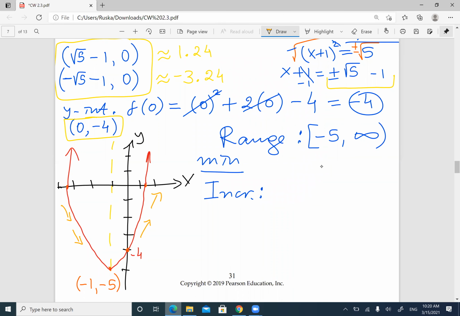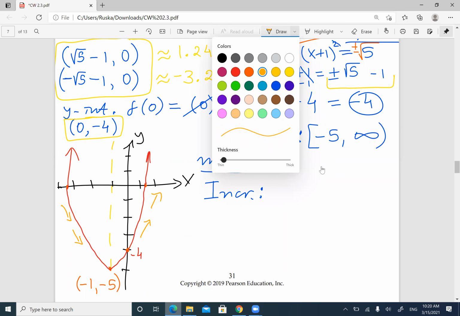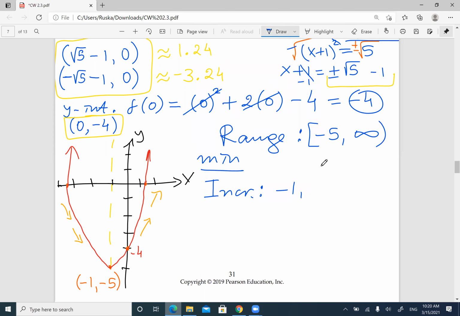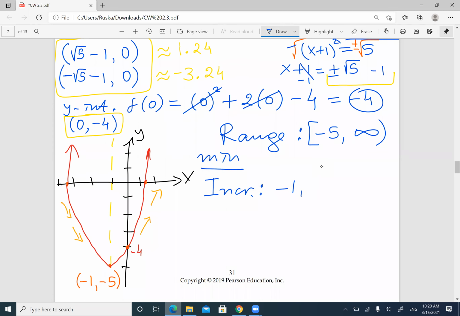So increasing is going to be from -1 to infinity. You're looking at the x-coordinate always when you write increasing, decreasing. And decreasing is on the other side, from -infinity to -1.